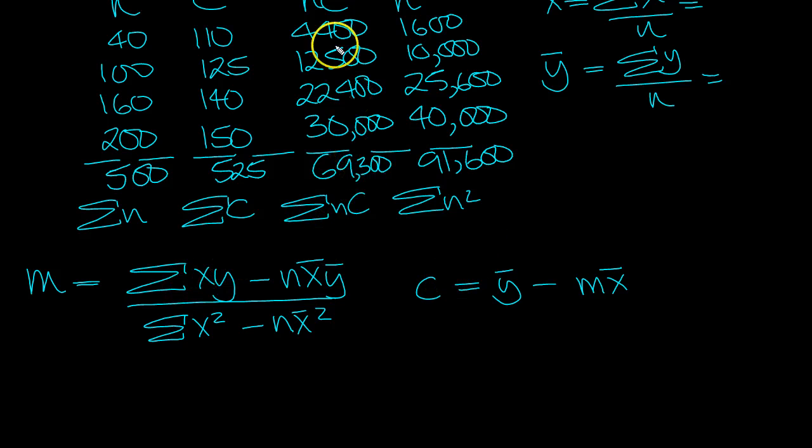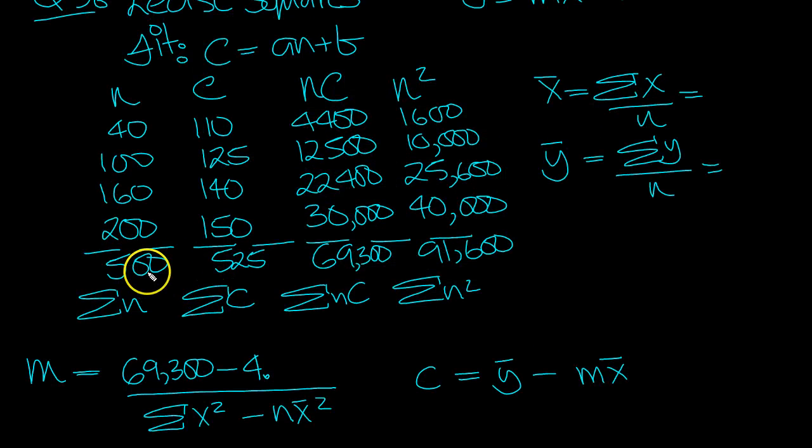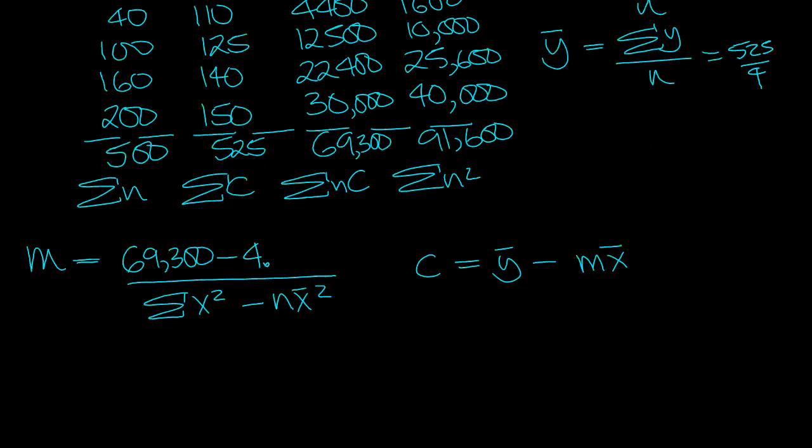Summation of the xy, 69,300 goes in here, minus the n x bar y bar. N is 4. So 4 times x bar, which is 500 over 4, which is 125. Y bar is 525 over 4. Okay, good.